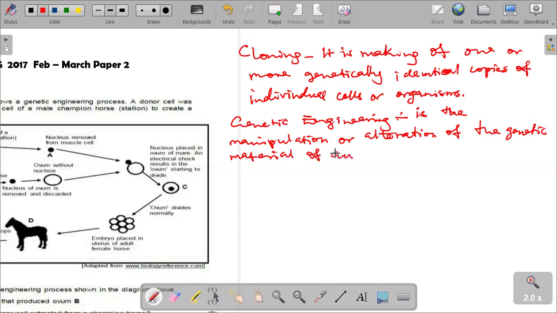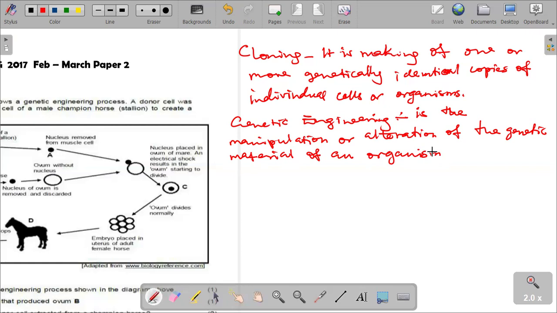Why are we manipulating, altering or changing the genetic material of an organism?